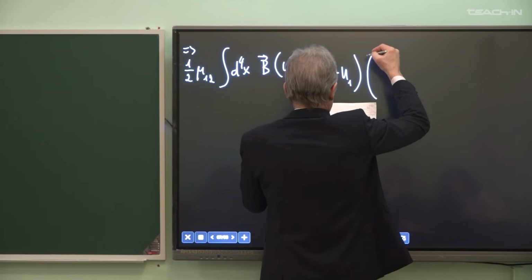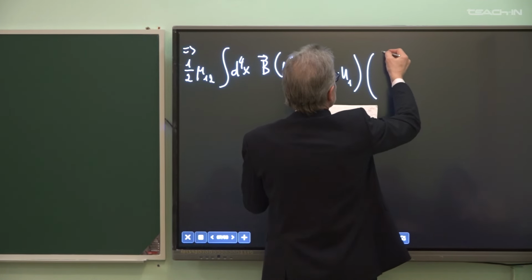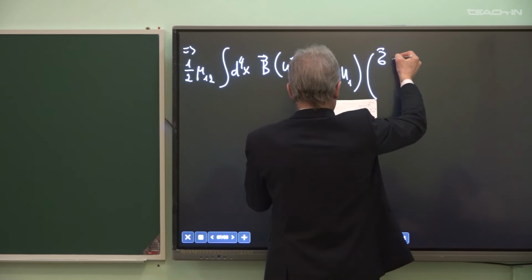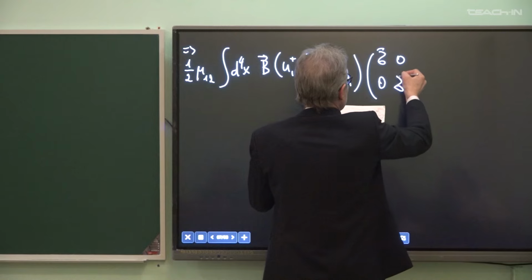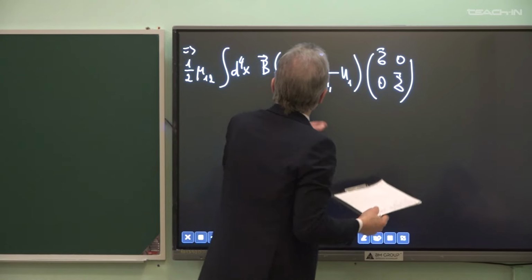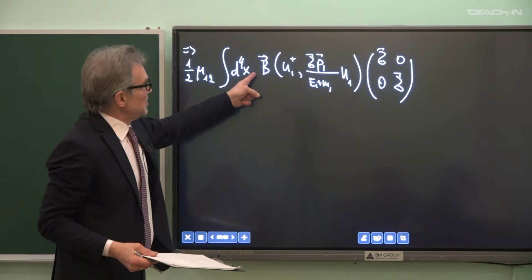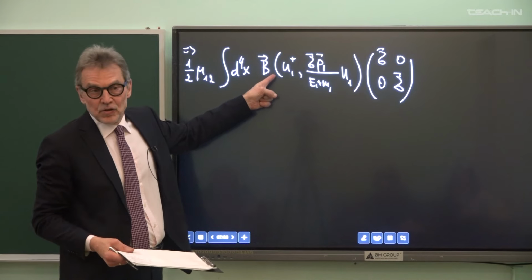Then this is a matrix sigma, 0, 0, sigma. I just put this magnetic field, this is just a vector, this is not a matrix.